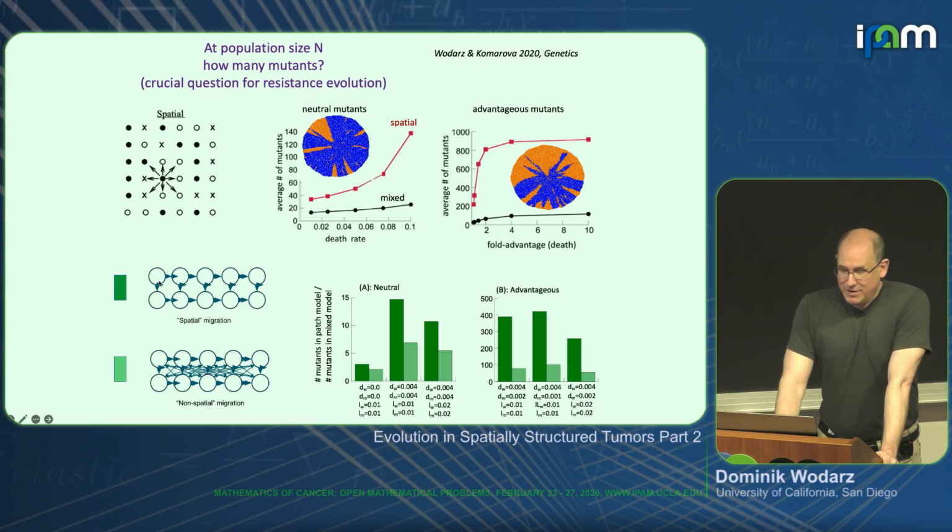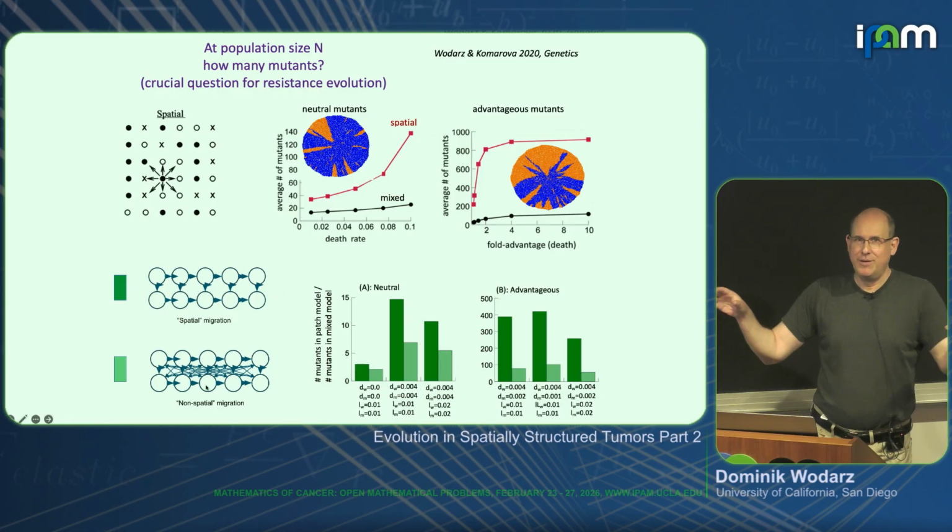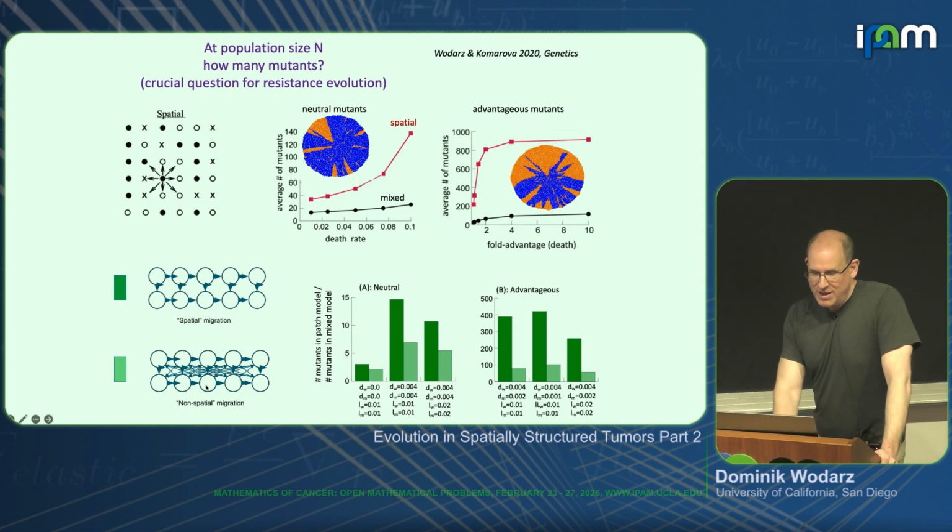And individuals can move from one patch to another. Either they can move only to nearest neighboring patches, or they can move to any of the patches in the system. And interestingly, we found that for both these patterns, you see the same result as in the spatially explicit model.